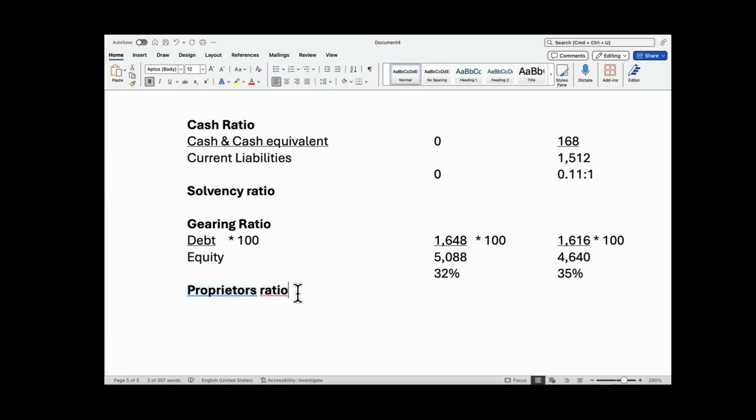While this one is looking at the proportion of debts to equity, this one is looking at the proportion of equity to debt. What portion of your capital is equity? So it's just the reciprocal of that, which is equity over debt.